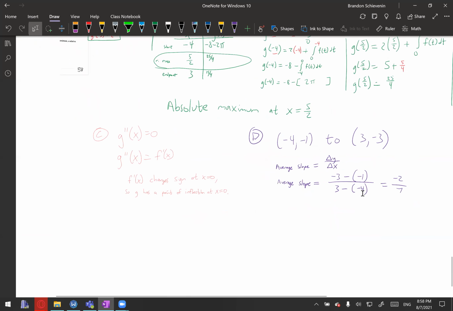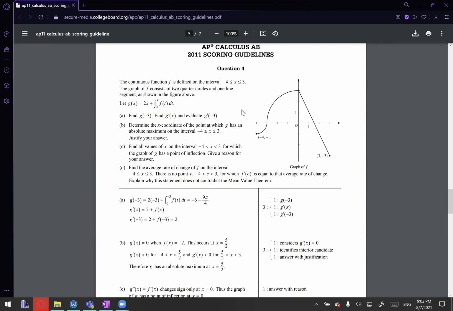Our first question: find g at -3, g prime of x in general, and then evaluate it. So I've got 1 point each for those. G at -3 would be what happened if I plugged -3 into the general form that they gave us here.